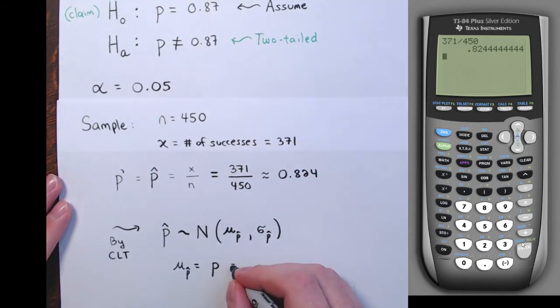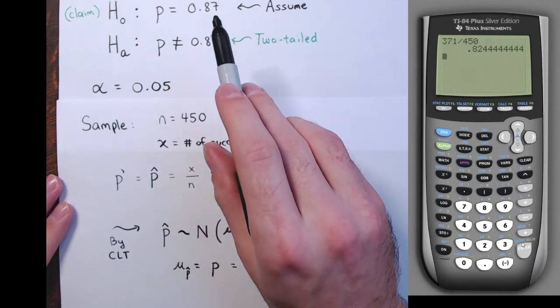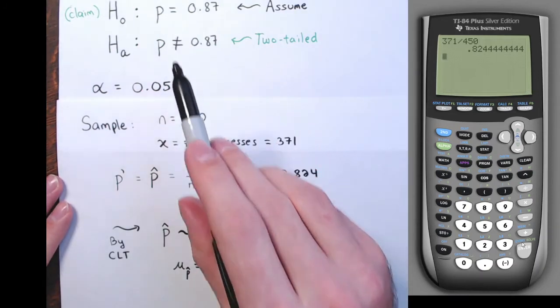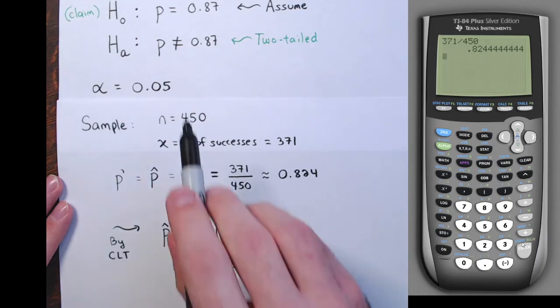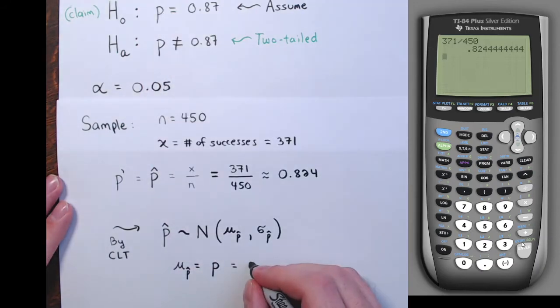And from our null hypothesis, we have assumed this value is 0.87.